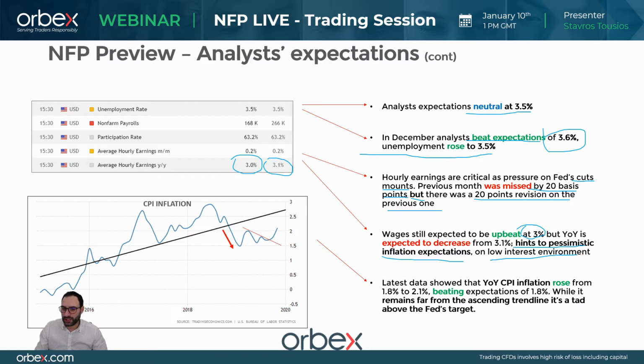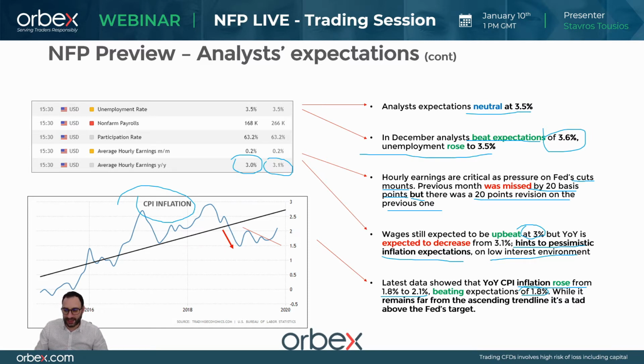Now, the thing is that if we look at the core CPI inflation, right, not PCE, CPI, the latest data showed that this rose from 1.8 to 2.1%, beating expectations of 1.8%.